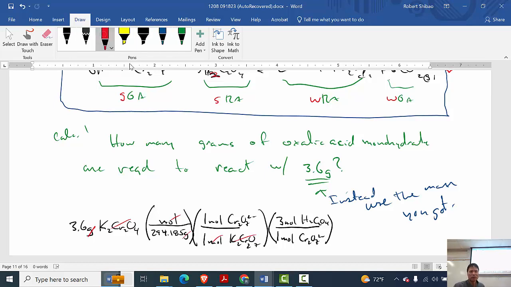I'm going to add the hydrate in just a minute. So the moles of dichromate cancel. But the oxalic acid is going to come from oxalic acid monohydrate. And so I'll put in, for every 1 mole of oxalic acid monohydrate, I'll have 1 mole of oxalic acid.